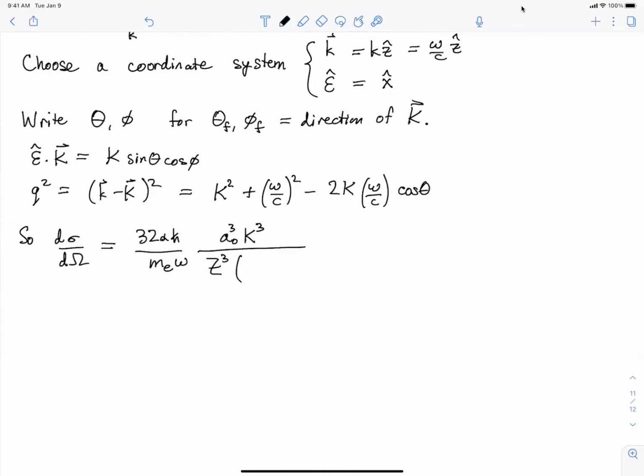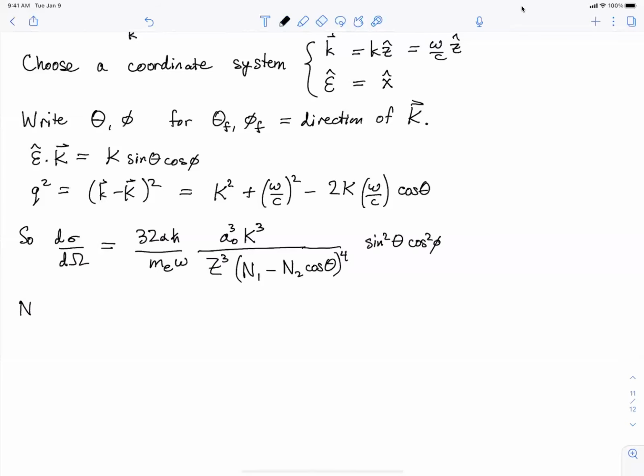And then there's a denominator that involves two numbers, which I'm going to call n1 and n2. And the dependence on the angle is just linear in cosine theta. And then it's to the 4th power. And then there's this factor, which comes from the polarization part.